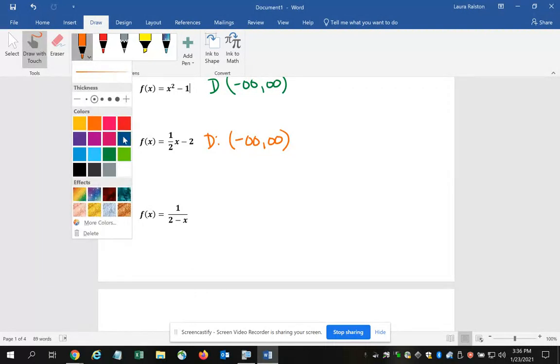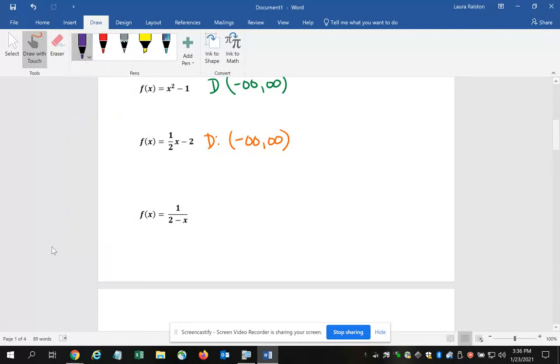So on the fourth example here, it is a rational function. It's what we call a rational function because it looks like a fraction. And since it's a rational function, I have a numerator, which in this case is 1, and I have a denominator, which is 2 minus x.